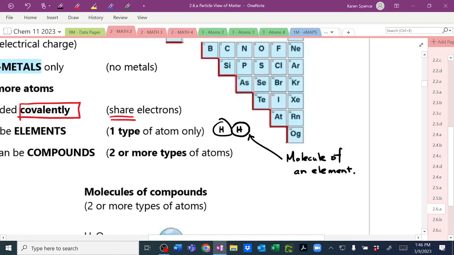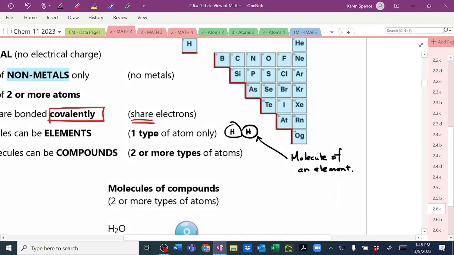So if we have 2 or more types of atoms, what could an example be? CO2 could be an example, right? We could have a carbon and we could have an oxygen and we could have an oxygen. That would be a molecule of a compound.